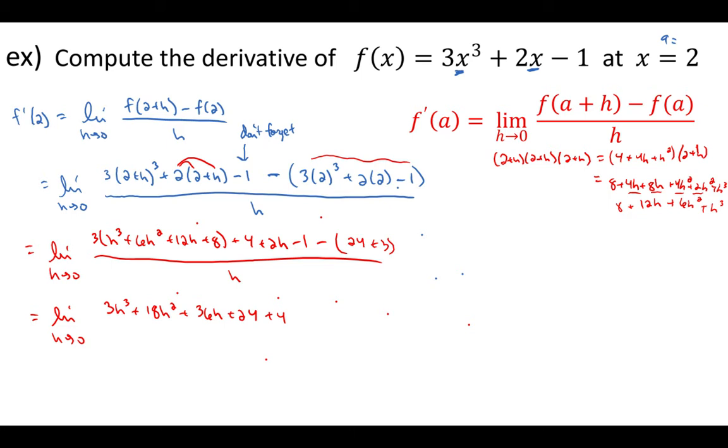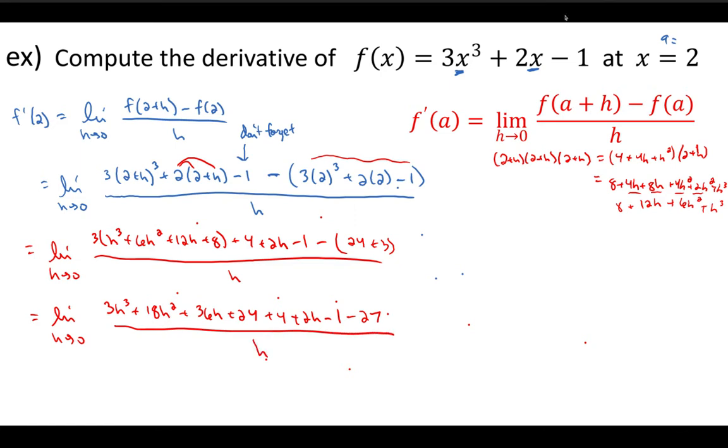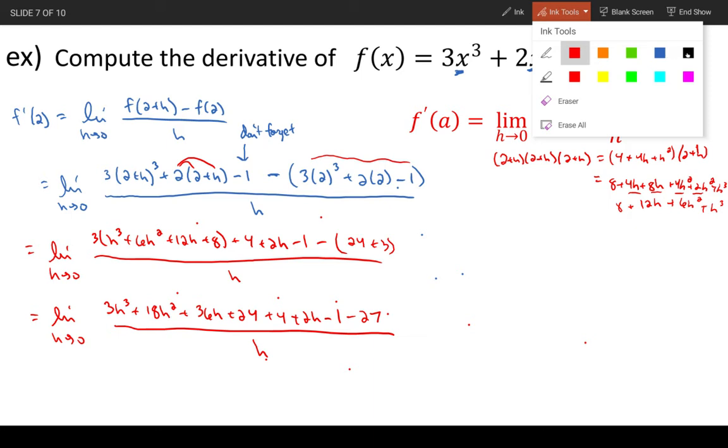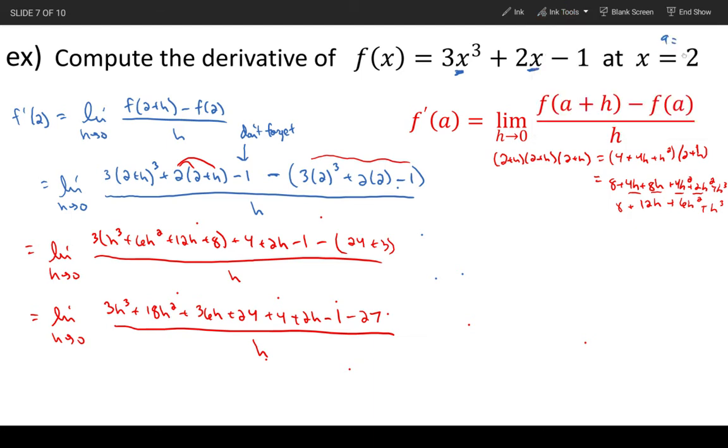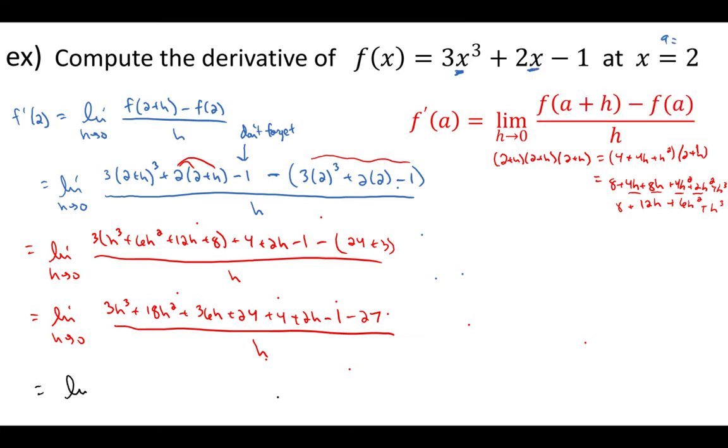Oh, well. Plus 2h minus 1 minus 27 over h. And then let's just start combining like terms. And again, the goal here is to get rid of all the constants. Hopefully they all cancel each other out. If they do, that means we're in good shape. If not, then we made an error somewhere.